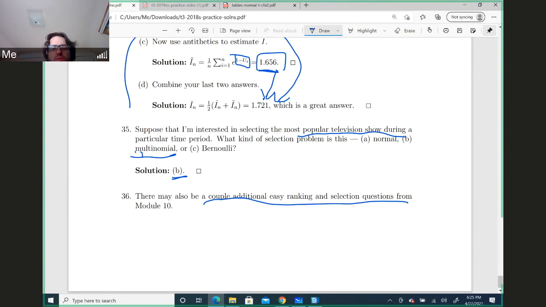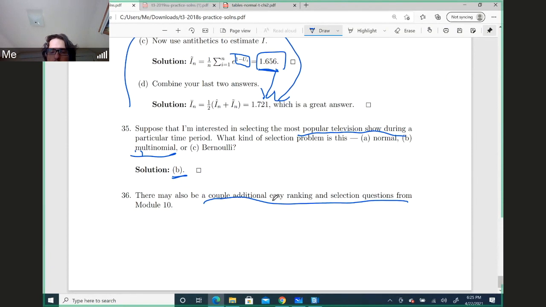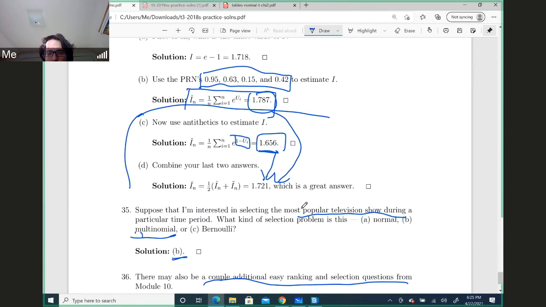The question might ask what we should do: should we collect those last 100 samples, or can we terminate early? So that's another format these ranking and selection questions might show up in. But I recommend reviewing the slides on that as well.